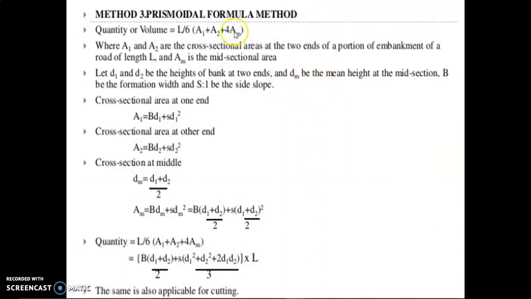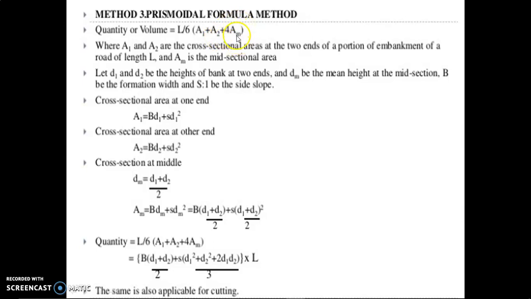Now the third method is the prismoidal formula method. So how do we find the quantity? With the help of this formula, L by 6 (A1 plus A2 plus 4 AM). Here A1 is BD1 plus SD1 square, A2 is BD2 plus SD2 square, plus 4 AM.